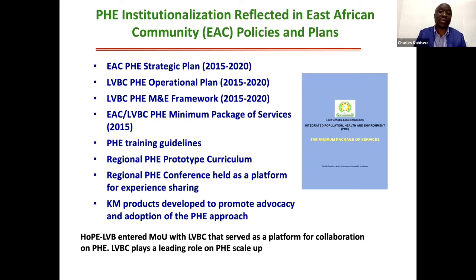A number of policy and strategic documents were developed, like the strategic plan on PHE, as well as the operational plan and the M&E framework. Most important, they designed what we call the Lake Victoria Basin PHE minimum package of services, more or less the framework which I already shared in one of my slides that shows different elements under PHE and how they can be implemented.